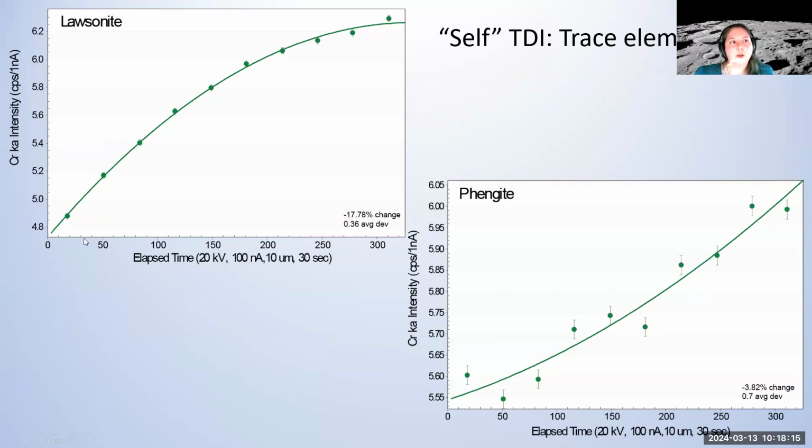So not tracking that and not correcting for it, I get a very large error in the accuracy of the data. Likewise, in the phengite we get a different curve, but also an increase, and it is like a 4% change in the data.